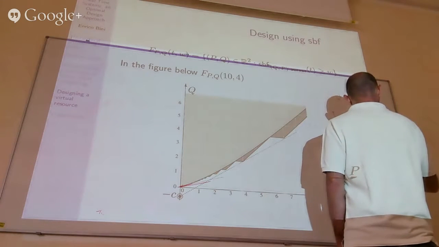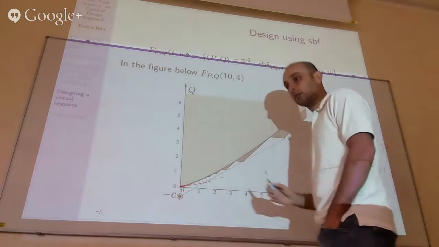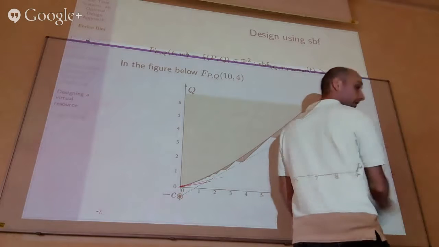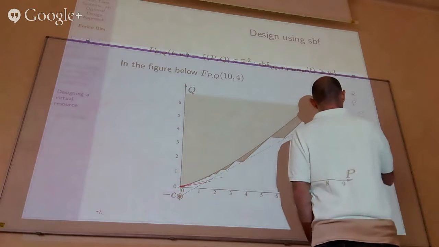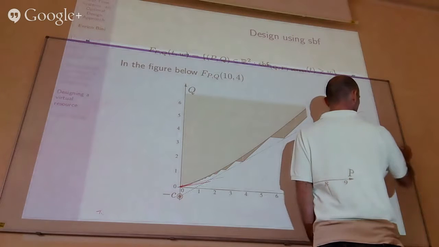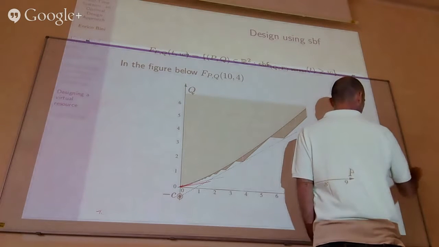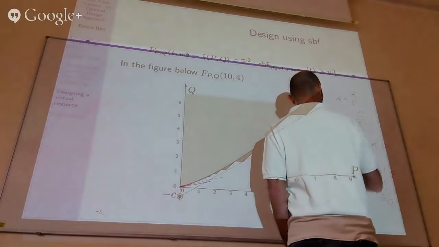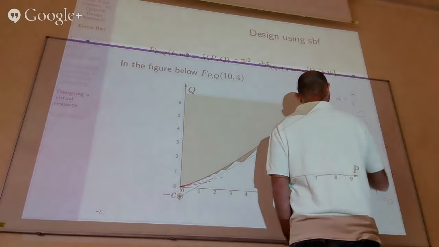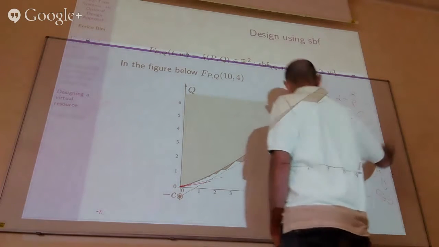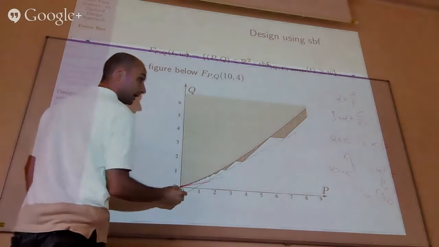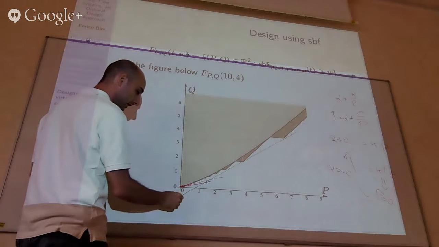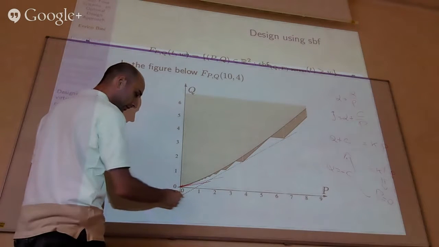Well, you can multiply by P, so you have Q plus C equal to both K P and K prime P, which implies P equal to 0. If you set P equal to 0, you get Q equal to minus C. So the point where all those lines go through is the point with P equal to 0 and Q equal to minus C, which is this point.